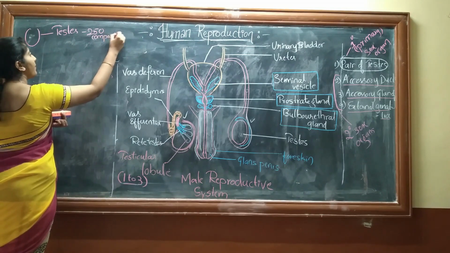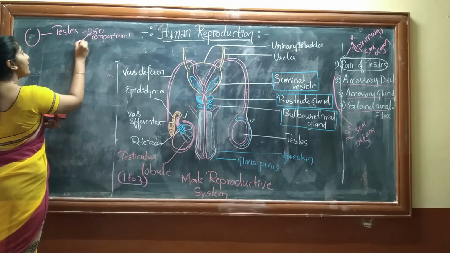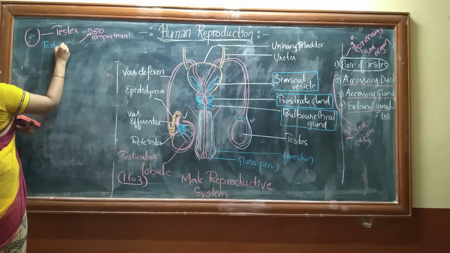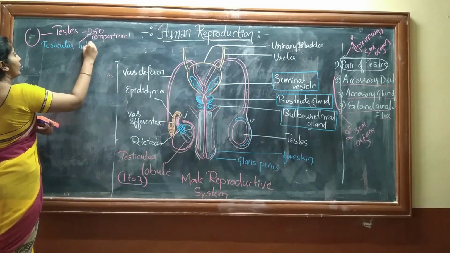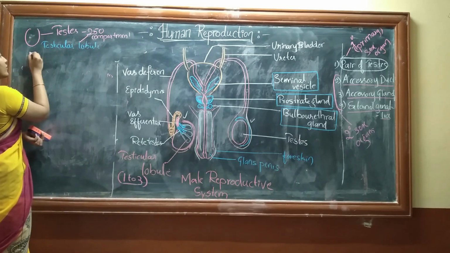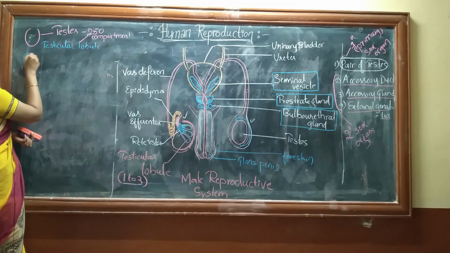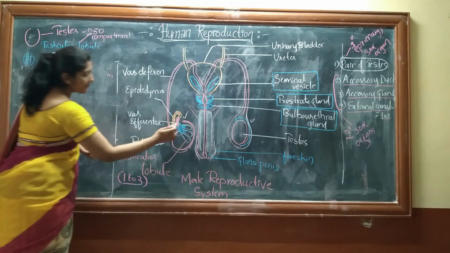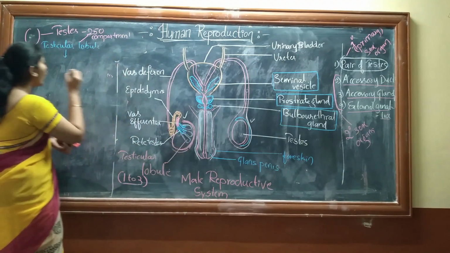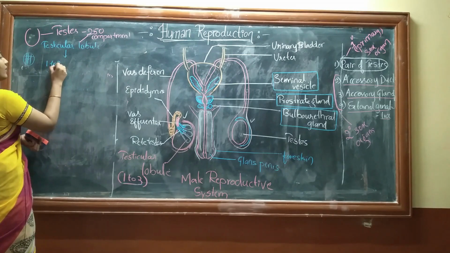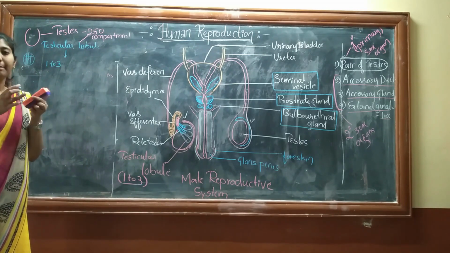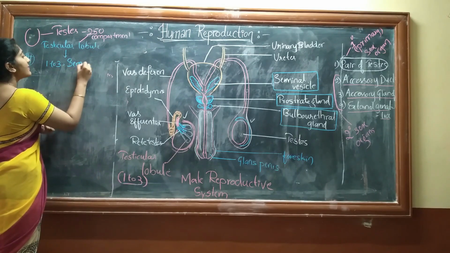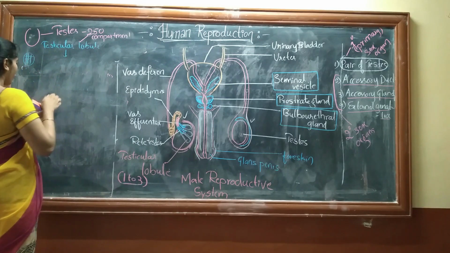These compartments are nothing but testicular lobules. In each testicular lobule there are 1 to 3 highly coiled, tightly packed tubules. Those are called seminiferous tubules.